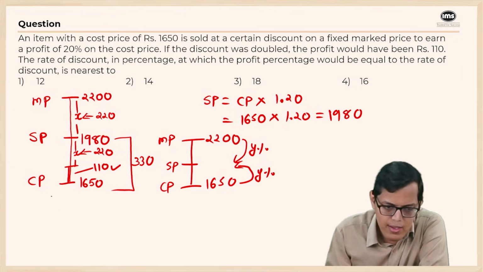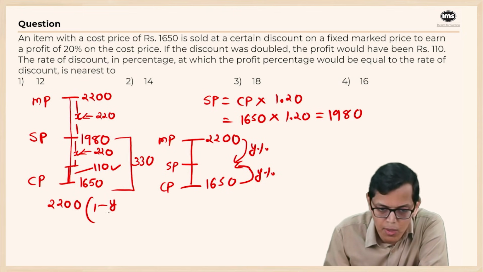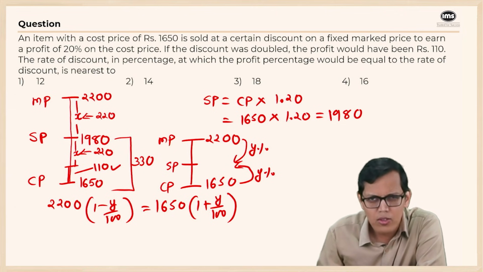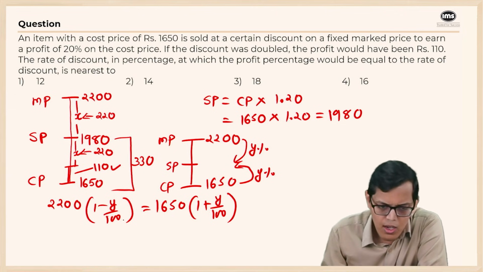So the maths will go like this: 2200 when reduced by Y percentage is equal to 1650 when increased by Y percentage. This is going to take some time to solve.